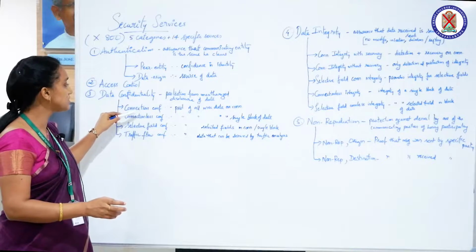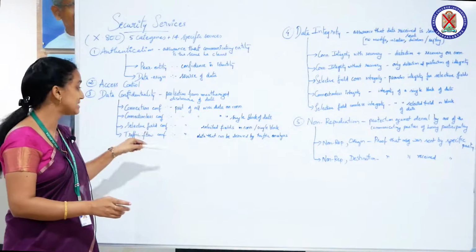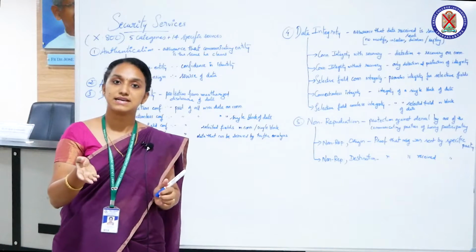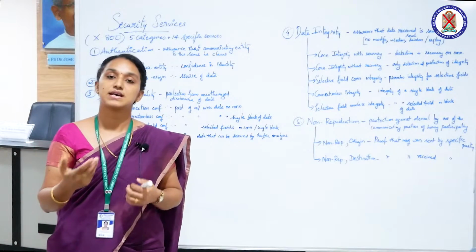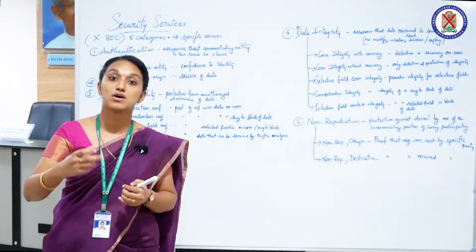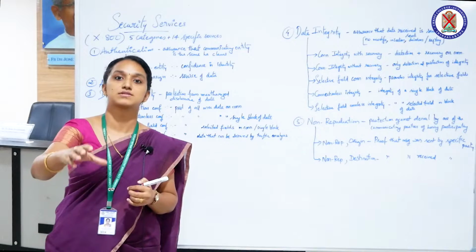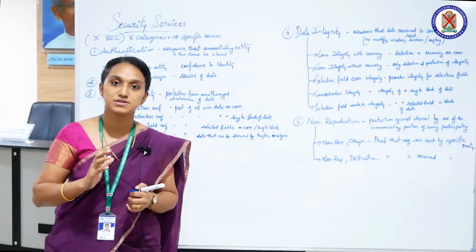We have seen 2 terms, connection oriented and connectionless confidentiality. In a communication, the data is transmitted as blocks of data. If it's connection oriented, all the blocks of data in the connection are preserved.